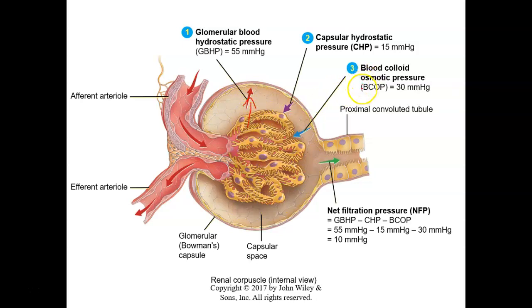Now, when we look at blood colloid osmotic pressure, there's a certain degree, because of the concentration of the fluid. If there's a greater number of molecules within this filtrate, via diffusion, they're going to want to re-enter back into the glomerulus.